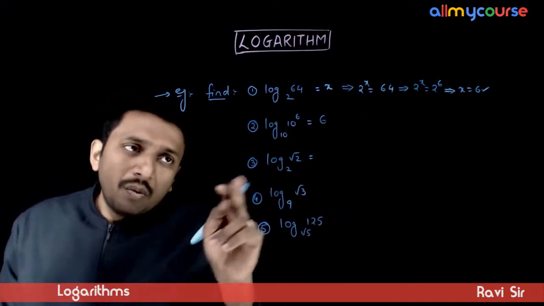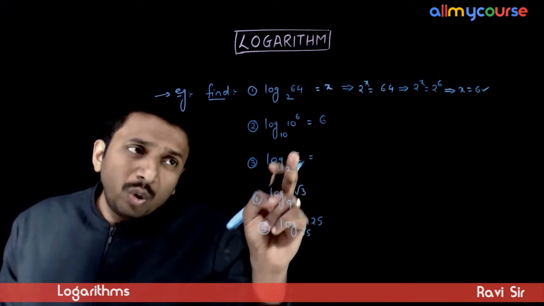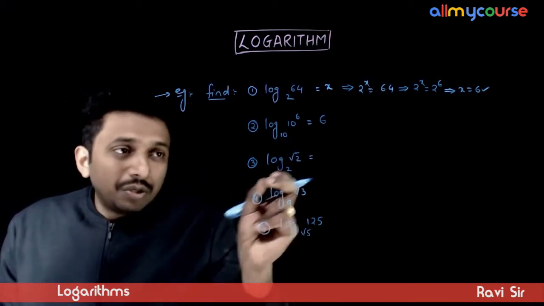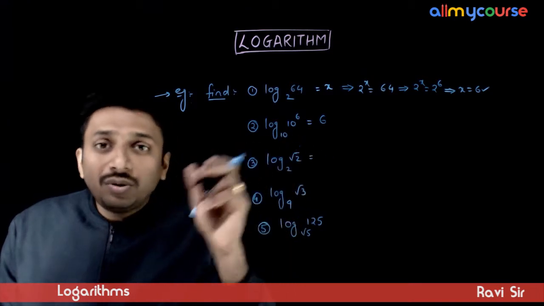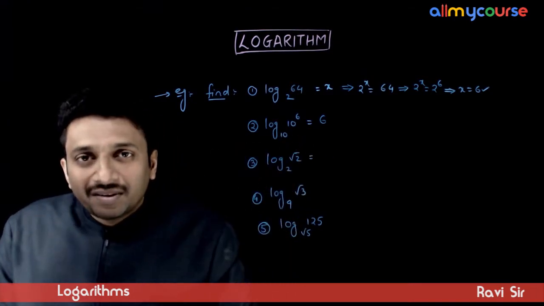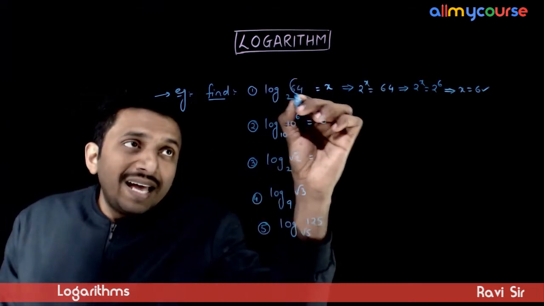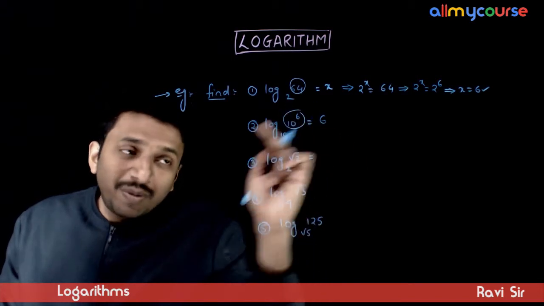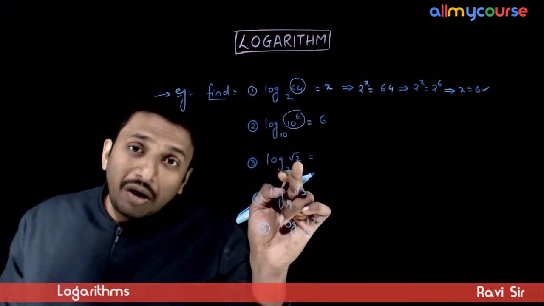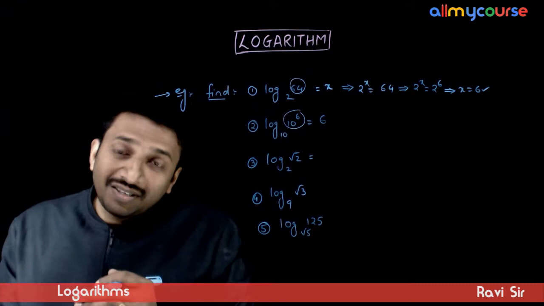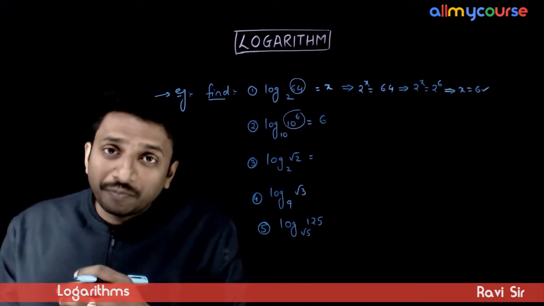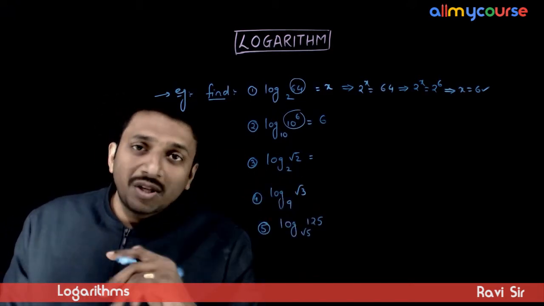Next, what is log root 2 to the base 2? To what power 2 has to be raised to get root 2 as the answer? So till now we are having nice natural numbers in this place, but it's not necessary that always this has to be a natural number. This can be rational, irrational also. So what is log root 2 to the base 2?